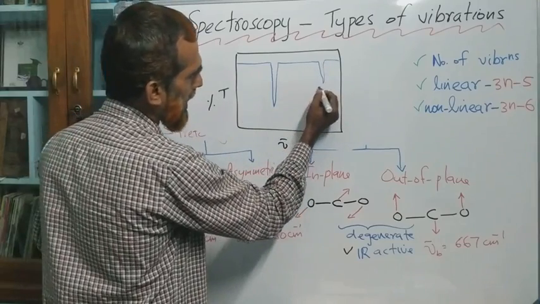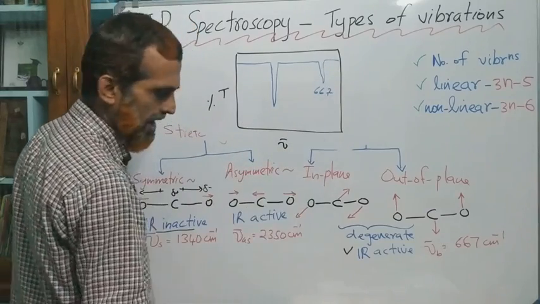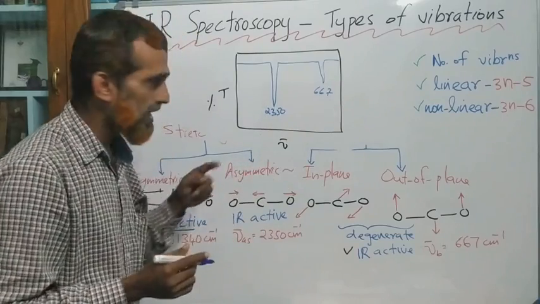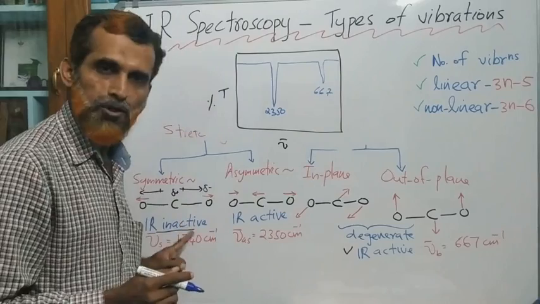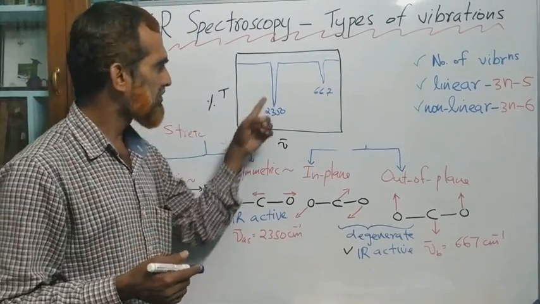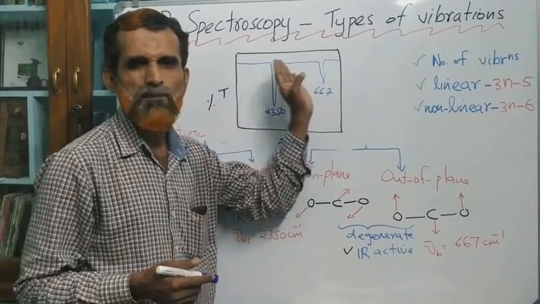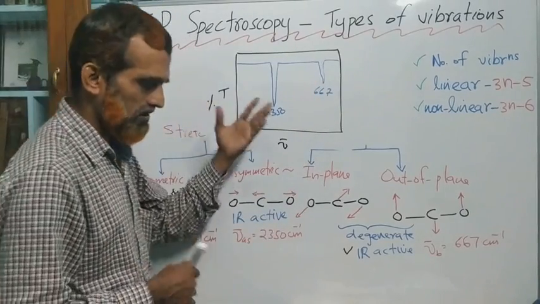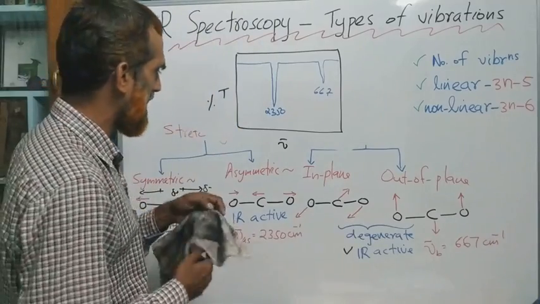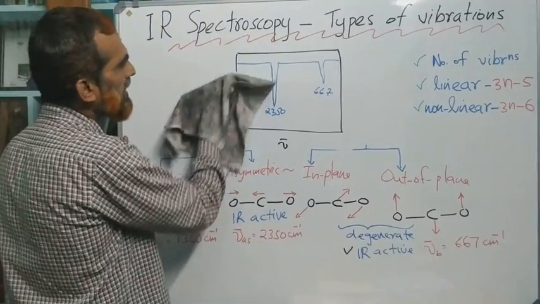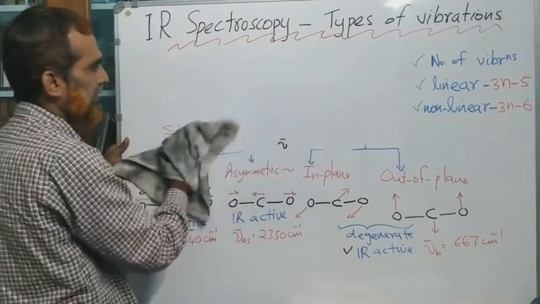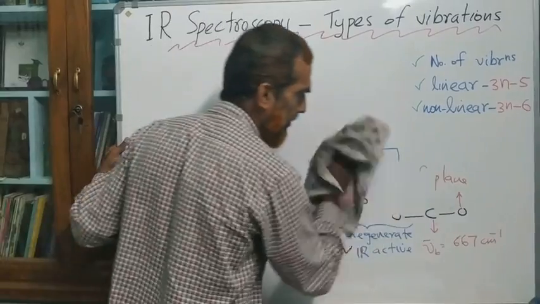Okay, this will be at 667, and this will be at 2350 centimeter inverse, and there will be no peak corresponding to this, as I said earlier. Okay, you may check it out. See, this is more intense. This peak is, of course, less intense because of the probability of vibration and many factors related to the intensity of the peaks of a spectral line that is beyond the scope of our discussion.